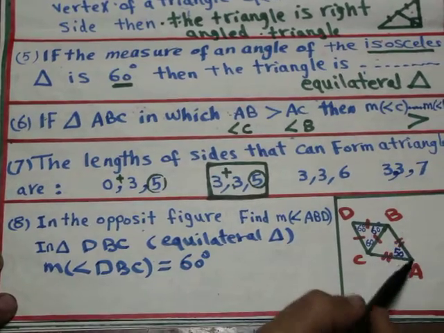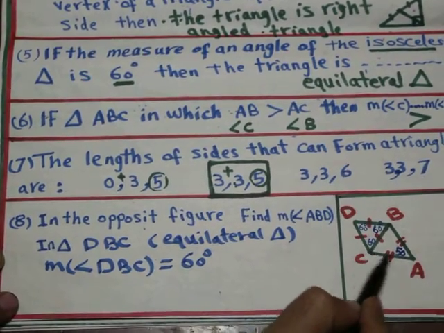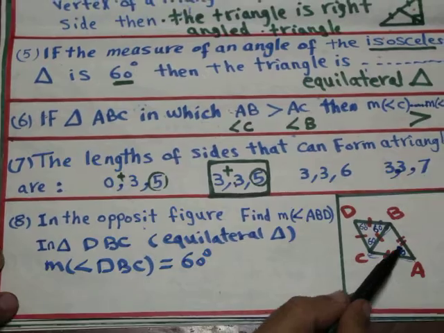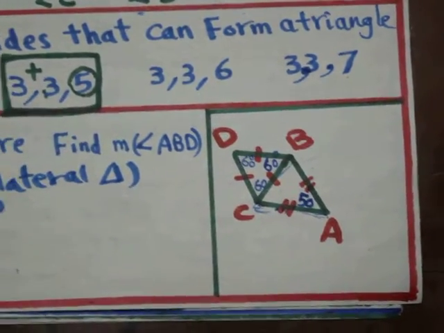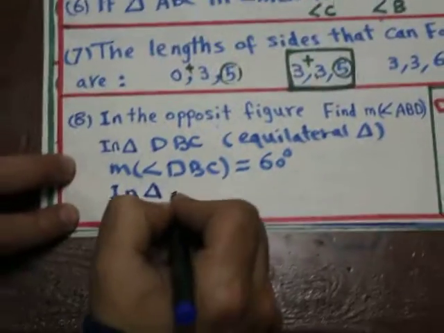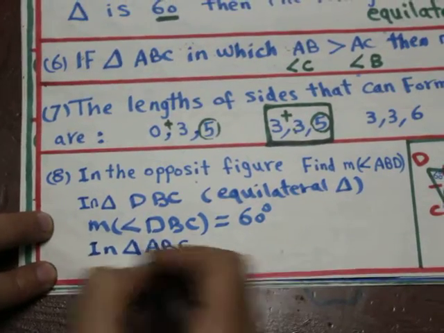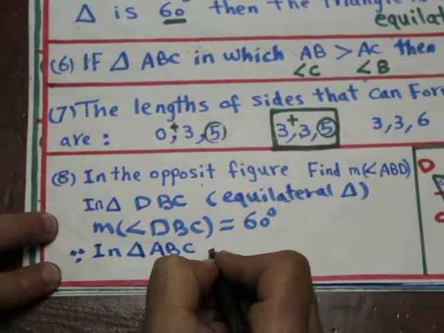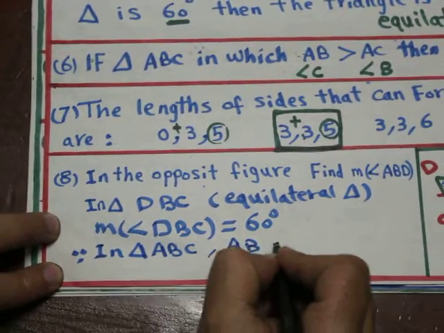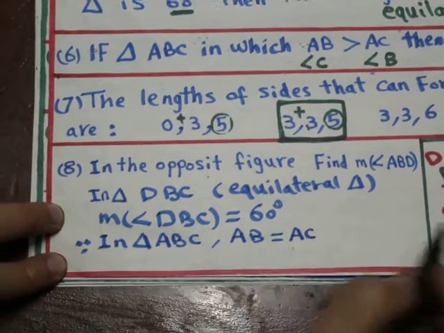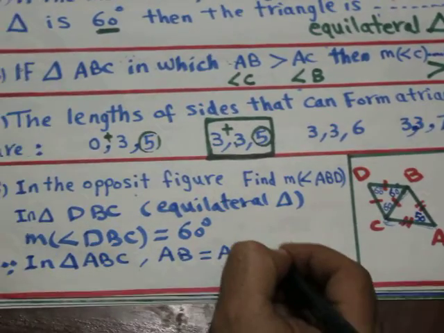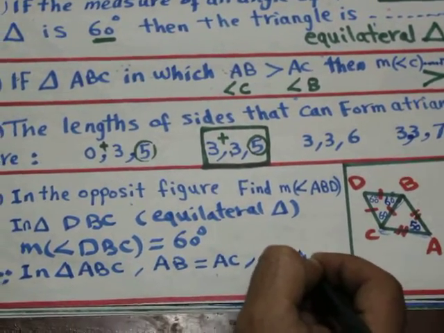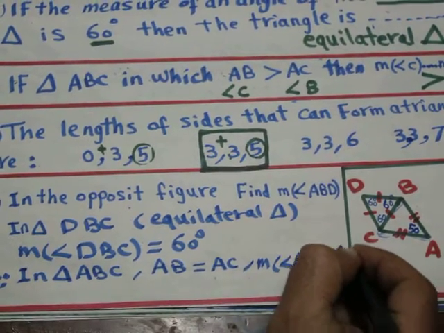And as you see, the triangle ABC is an isosceles triangle because it has two equal sides. So in triangle ABC, since AB equals AC, and observe that we have the angle A equals 50 degrees.